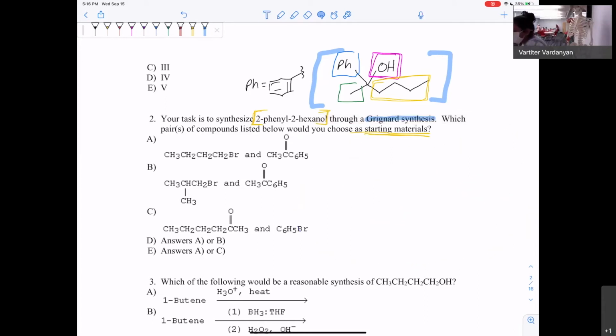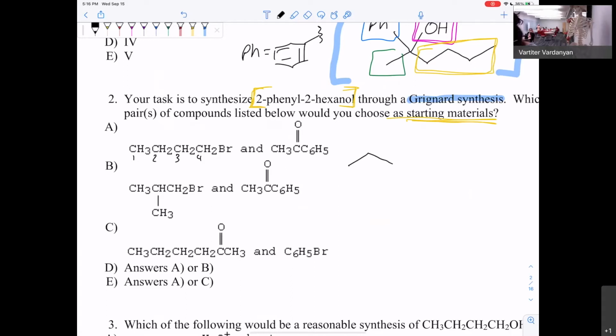Delete. So he makes it easy for you because he gives you answer choices, so you don't have to go through and figure out every possible thing it could be. Instead, I'm just going to draw out these answer choices. So we have a 1, 2, 3, 4 carbon chain, 1, 2, 3, 4 with a bromine at the end.